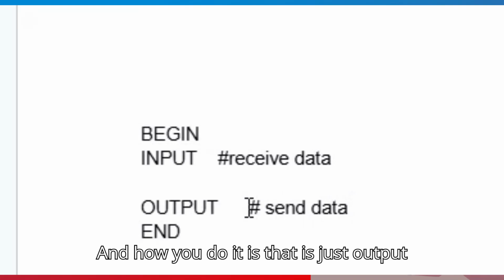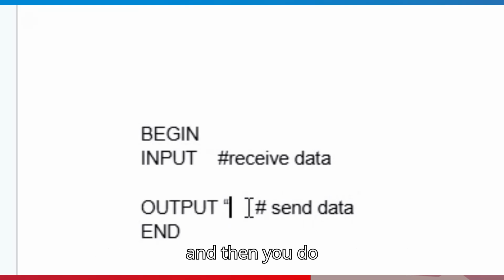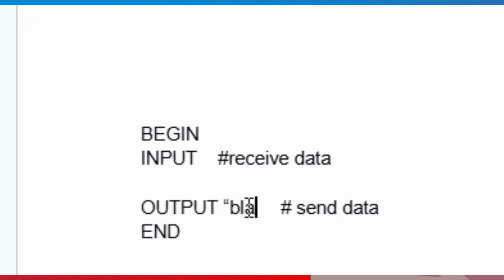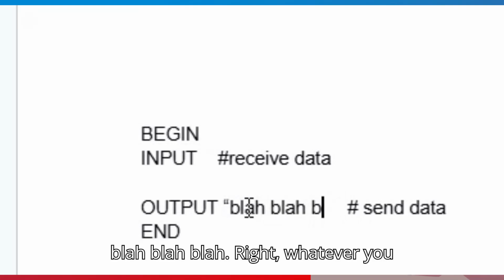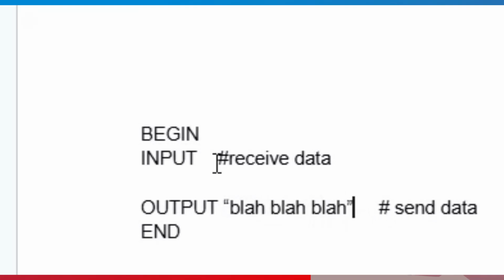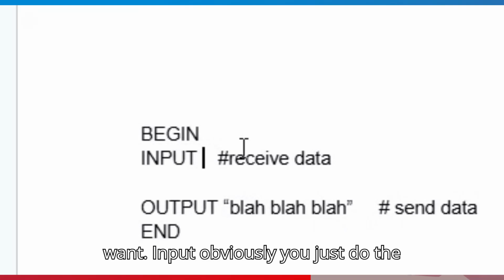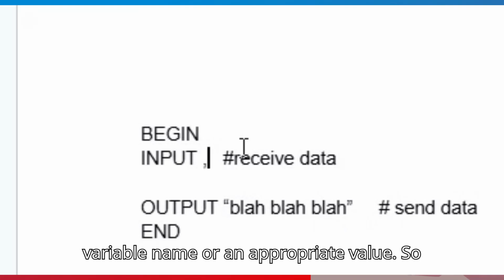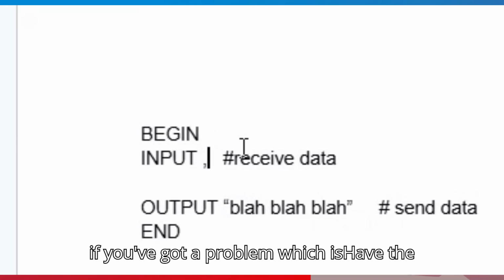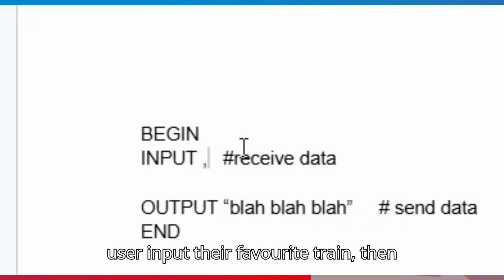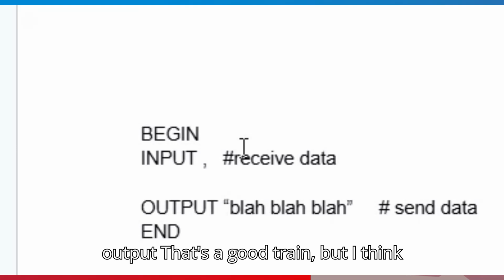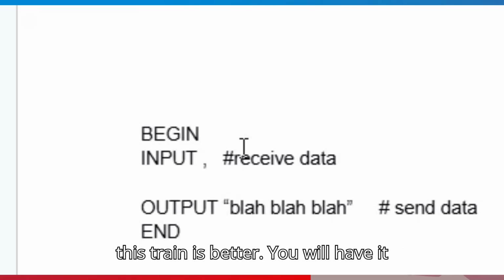And how you do it in exams is just output, and then you'll do blah blah blah, whatever you want to output. Input, obviously, you'll just do the variable name or an appropriate variable name. So if you've got a problem which is have the user input their favorite train, then output that's a good train, but I think this train is better.